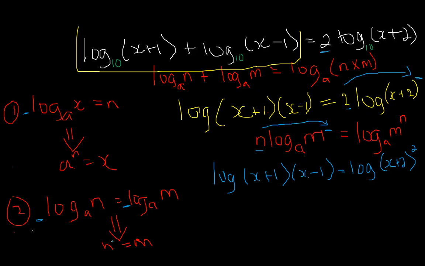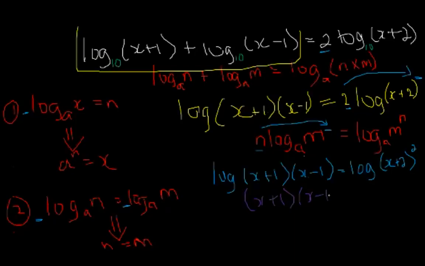I'm going to apply this rule right here. What does this rule say? n is going to be equal to m. What does that mean for me? That means that x plus 1 times x minus 1 is going to be equal to x plus 2 squared.